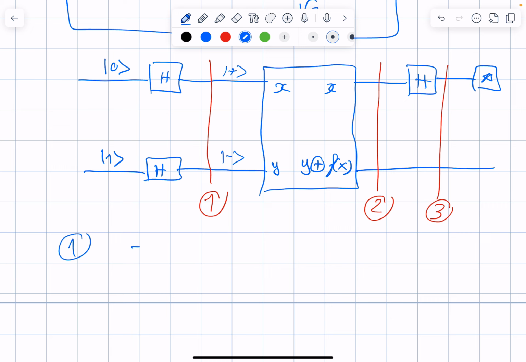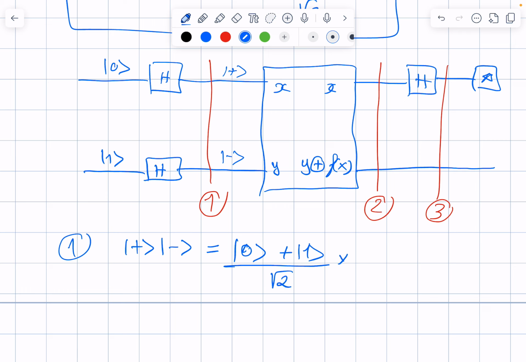So at 1, what we have is plus tensor with negative, which is 0 plus 1 over square root 2 tensor with the negative, which is 0 minus 1 over square root 2. All right?